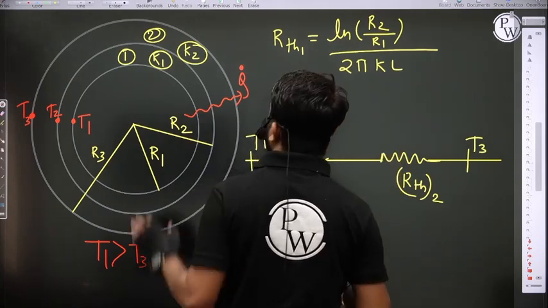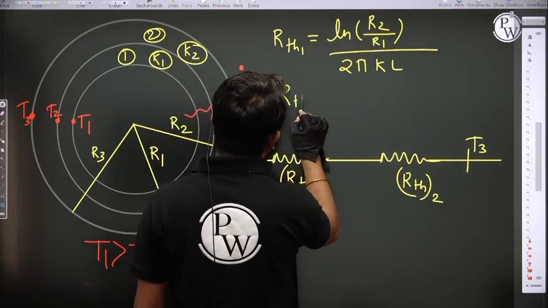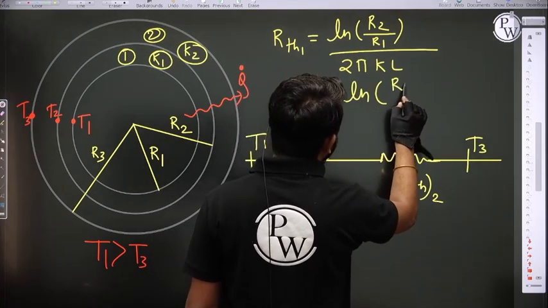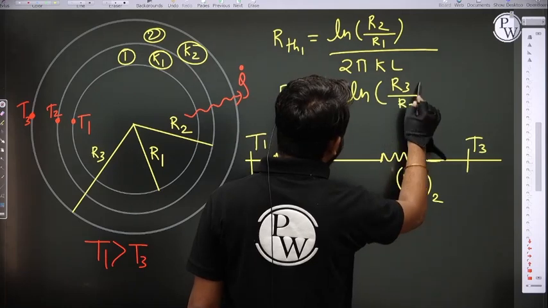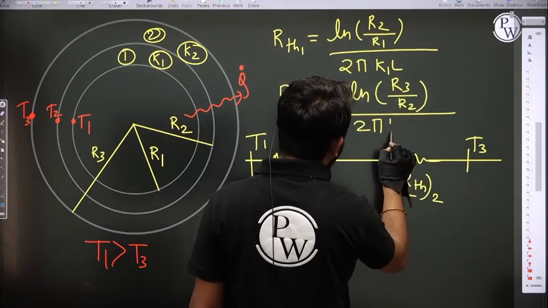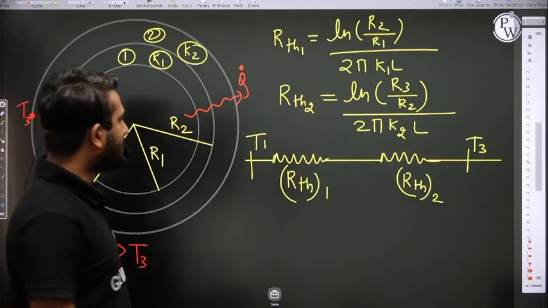What is L? L is the length which is perpendicular to the monitor. What is RTH2? RTH2 is ln R3 by R2 divided by 2 pi K2 L, right? And that is a series connection.